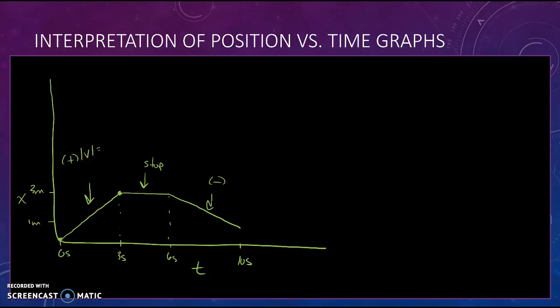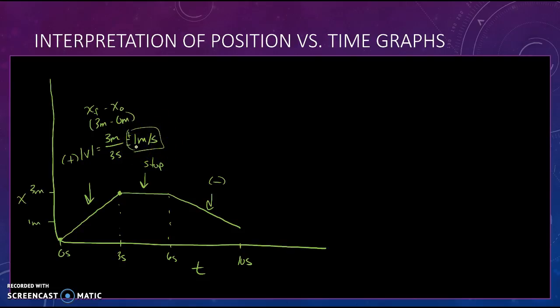I'm not talking about the direction of it. So the magnitude of the velocity would be this 3 meters. This would be my final position minus my initial position, which is how we do delta x, divided by the total time. So it's going to be 3 seconds. So for that section, that velocity is going to be positive 1 meter per second.